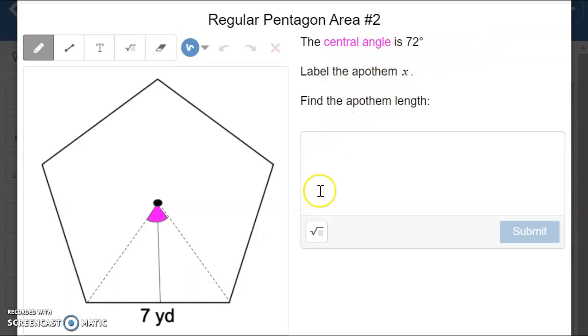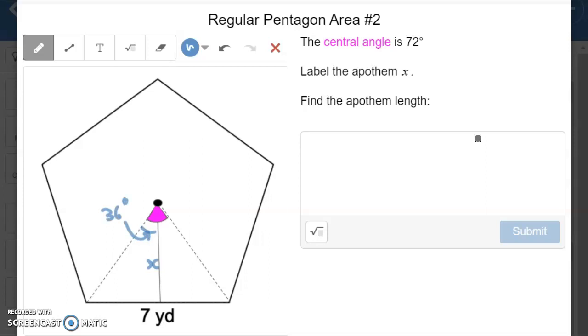Label the apothem x. Find the apothem's length. So now we need to label this as x. And if this is 72 degrees, what is half of 72? Because remember, 72 degrees is the total, that's two of the angle. So this angle is going to be half of 72, that's 36 degrees.